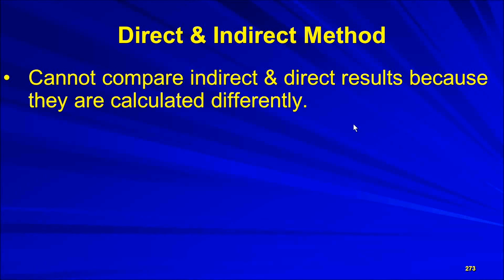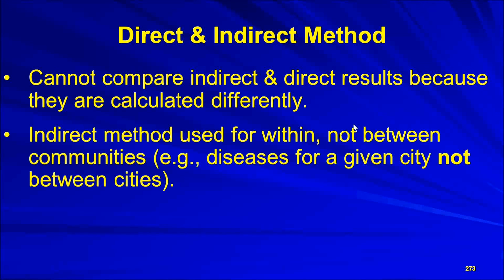Now, you cannot compare answers from crude death rates that have been adjusted from the indirect and the direct method because they've been calculated differently. Okay? It's not allowed. We don't do it. Indirect methods are used for within-city comparisons, for example for different causes of death, and you can do it between cities and whatnot.